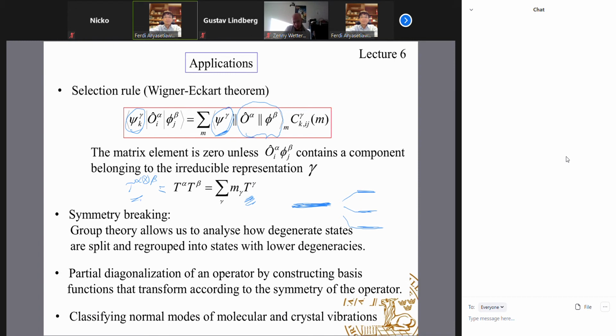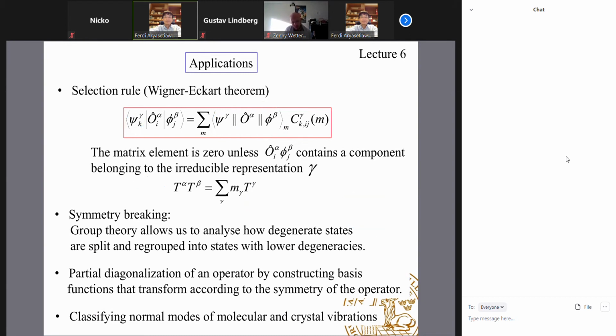And we can tell how these split states transform according to the lower groups. And we also talked about the partial diagonalization of an operator, in particular the Hamiltonian.